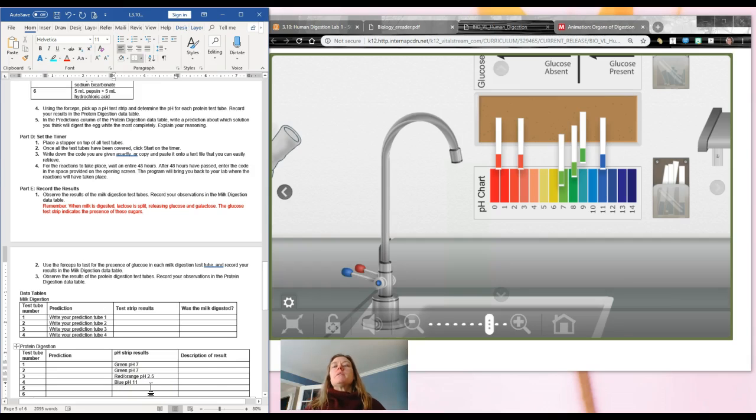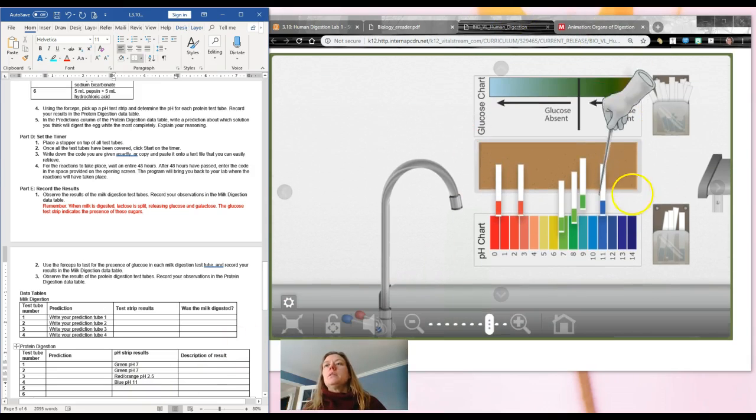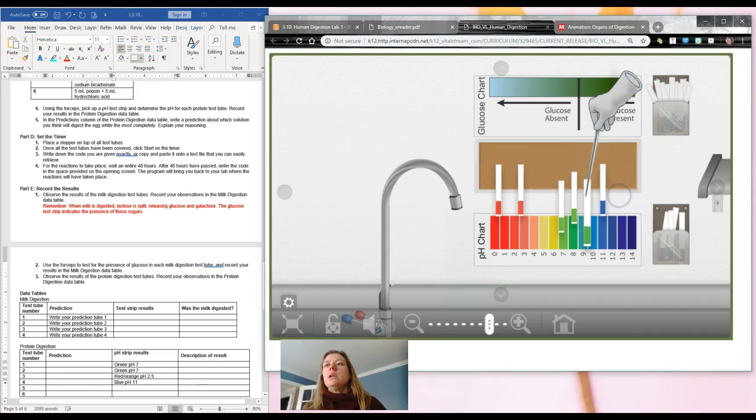Oh, I forgot this other green one. This one here is our other one. So this one should be probably a little bit basier. Yeah. So I would say these two are 7 and this one's closer to 8.